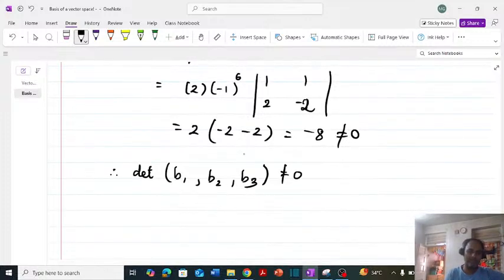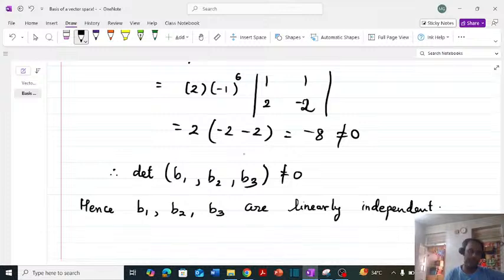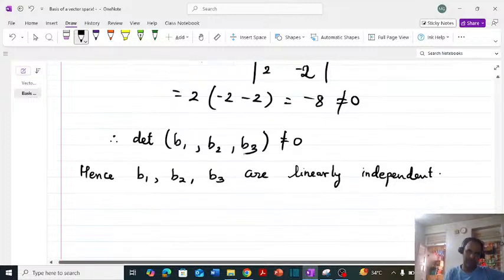Hence b1, b2, b3 are linearly independent. Now note the dimension of V is 3.